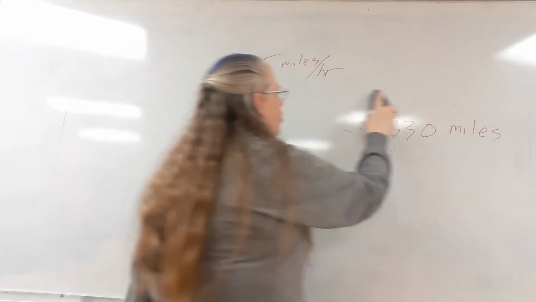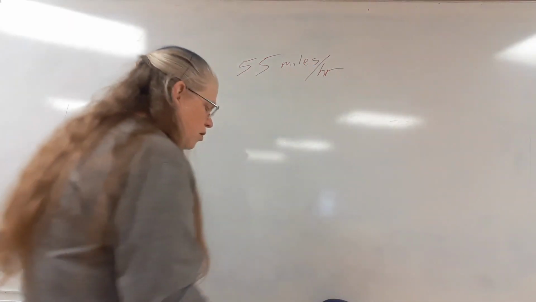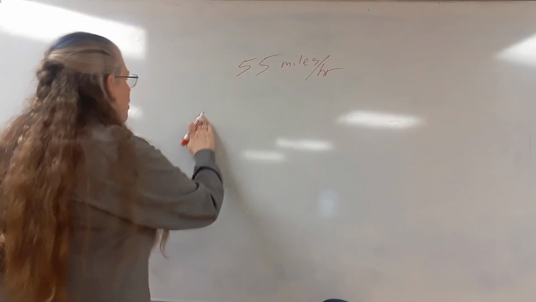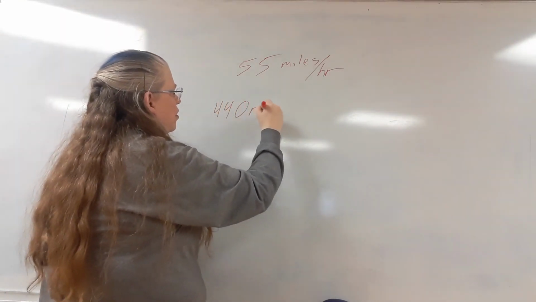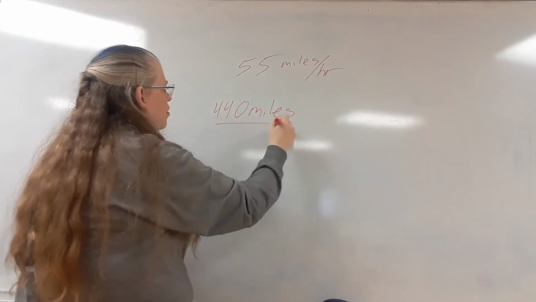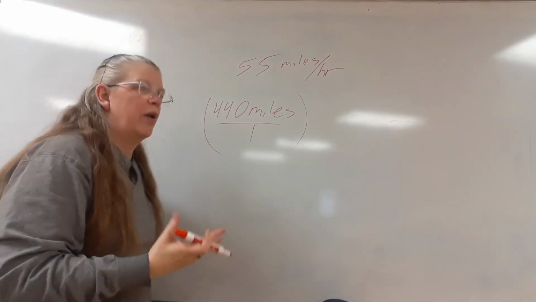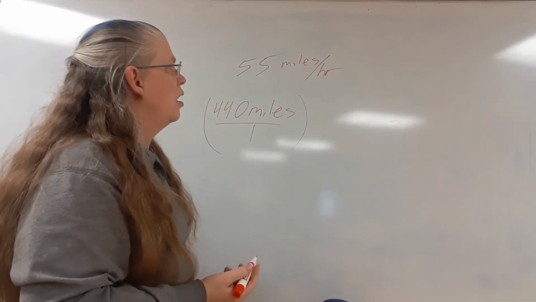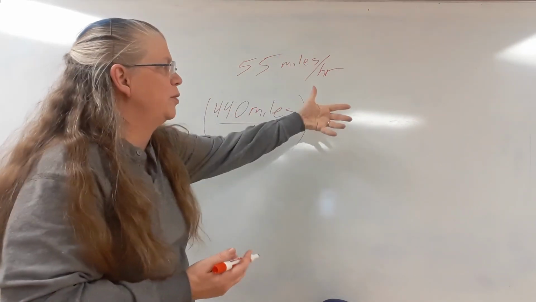What if we have the number of miles and want to know the number of hours? What if we have 440 miles. All right. We want hours. So we look at our conversion factor. Hours is on the bottom here. That means that we have to flip the whole thing upside down.